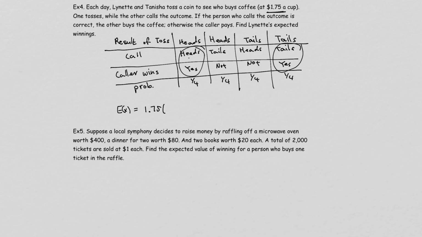Those two, so it will be 1 over 4 plus 1 over 4, which is 2 over 4. Then what's the other case? Well, if you lose the game, you need to spend that much money. So you're going to spend $1.75. And what's that case? 2 over 4 also, which is half. And so this is going to be when this person is winning, and this is not winning.